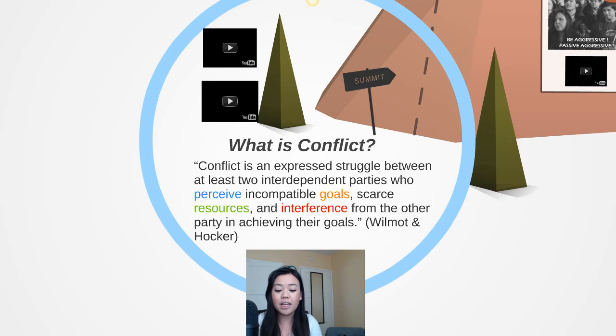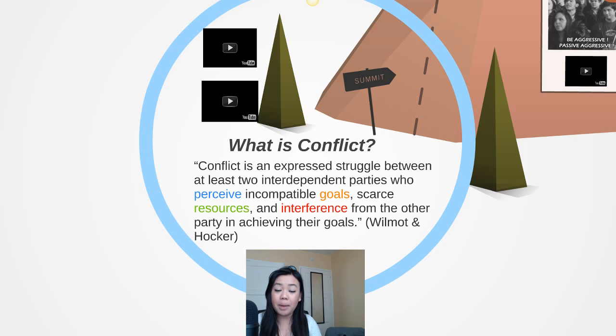And perceiving here also refers to the idea that it is quite possible that there is no need for conflict, that all your goals and resources are fine, and there's no interference from the other in achieving your goals. You might just perceive or feel like the other person is causing some sort of discomfort to you, and it might not actually be true. And so that word perceive there is quite important.